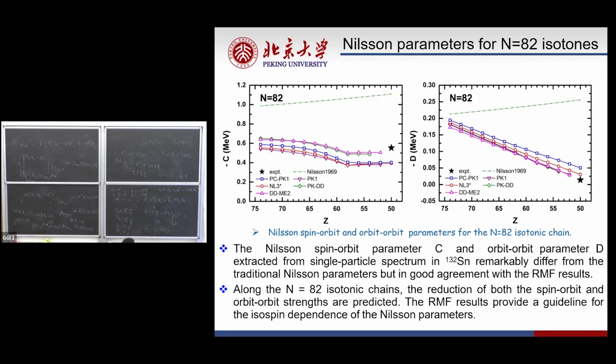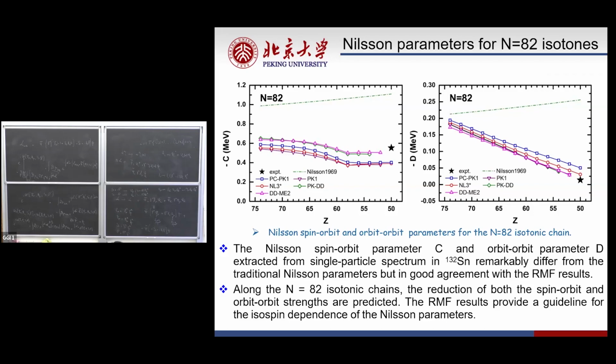And then again, as a function of the proton number, this is the traditional Nilsson parameter, this is what the data tell us, and this is how the relativistic density functional approach describes the data.